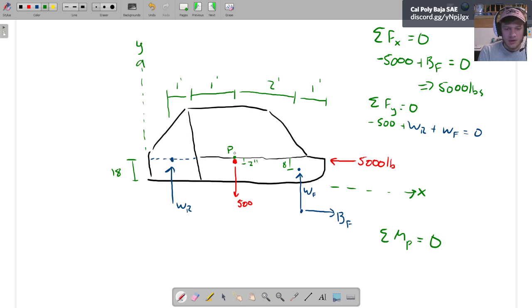Because of my conveniently chosen location of point P, this should make it a little bit easier to figure out where everything's coming from. So the braking force, right? We said that everything from the wheels is being applied at the shock.